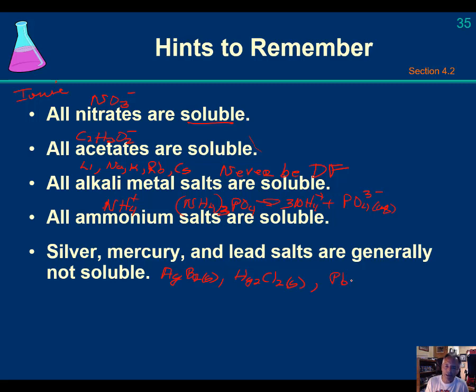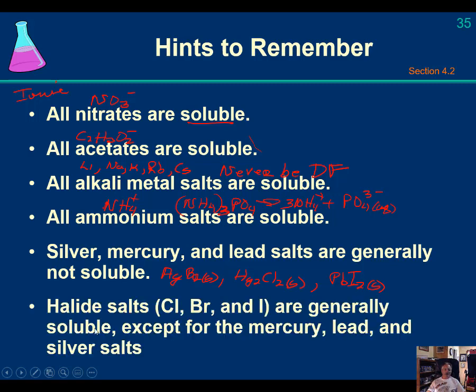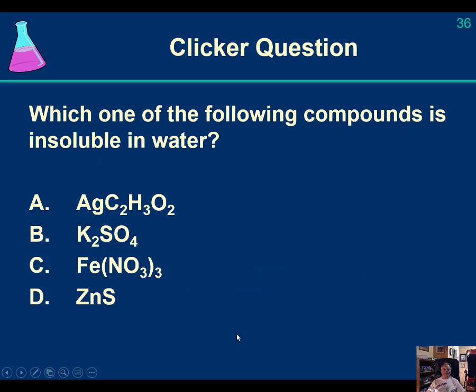And lead iodide, that is a solid. That's the yellow one that you saw the video of. All right, halide salts, chlorides, bromides, iodides, are generally soluble. The only exceptions are silver, mercury, and lead salts.